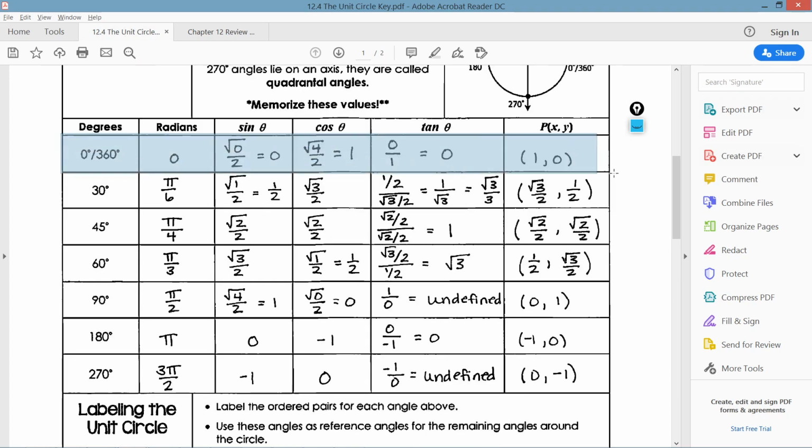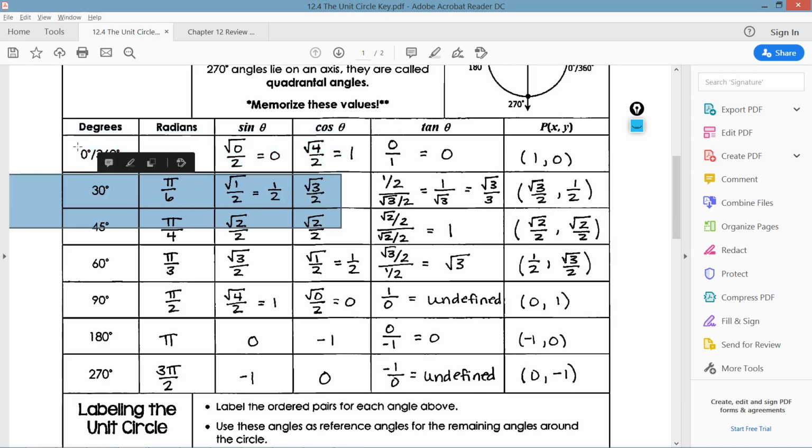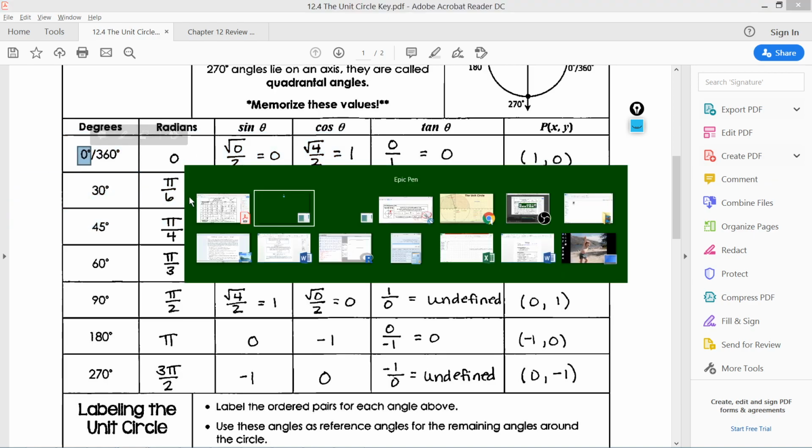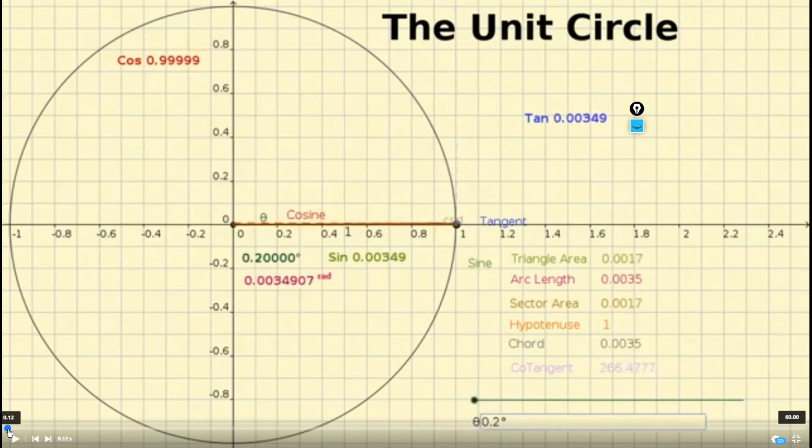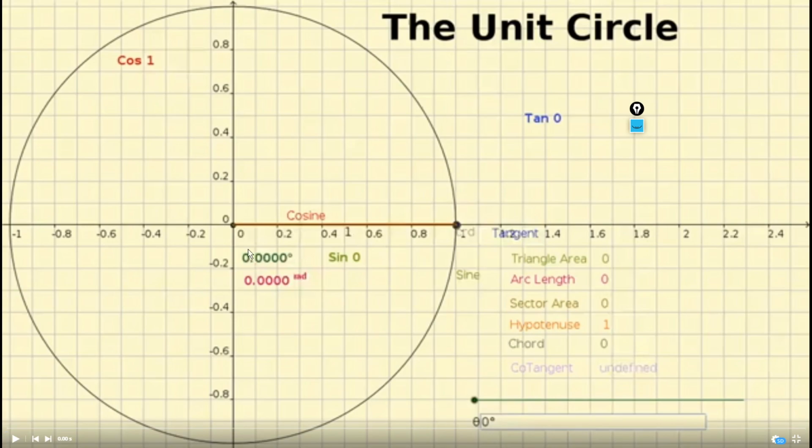Okay, so let's do this first row right here. To do this first row, it's at 0 degrees. Let's go back to our unit circle. Right at the start I said, here's 0 degrees. At 0 degrees, there's no height to this, so sine of theta is 0.